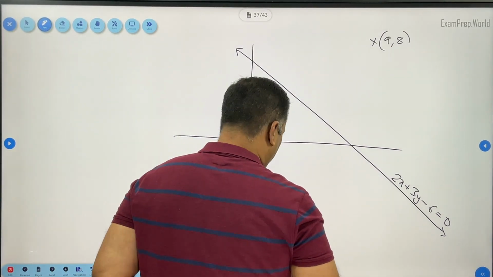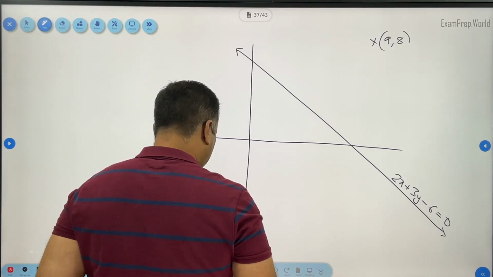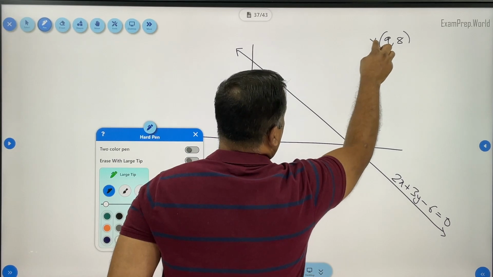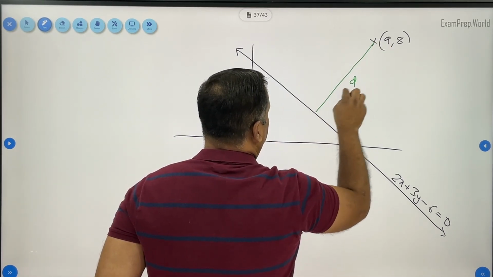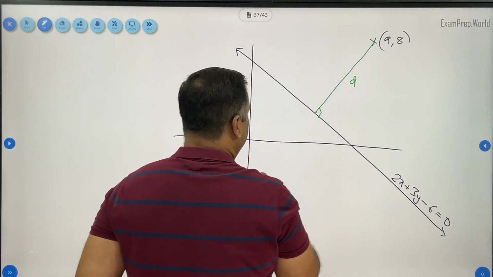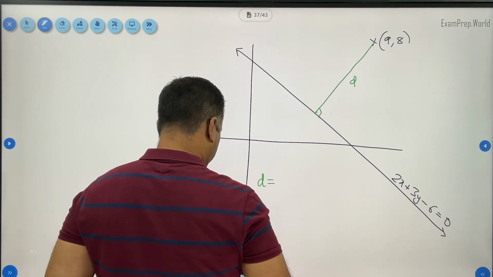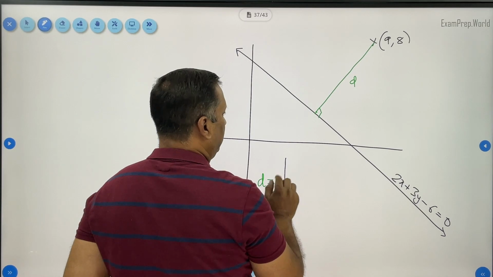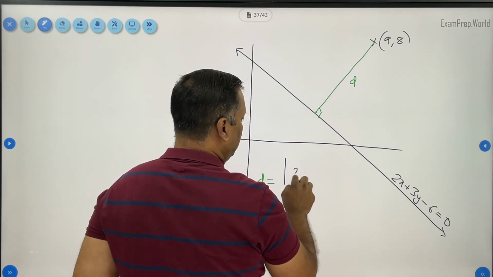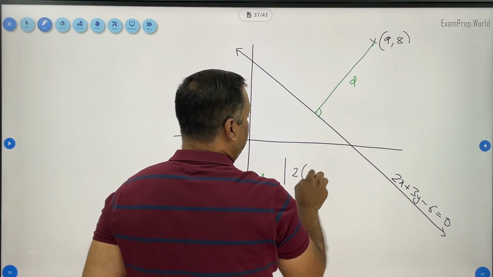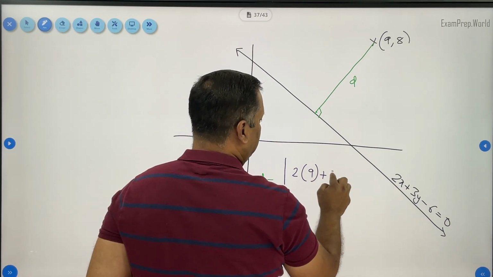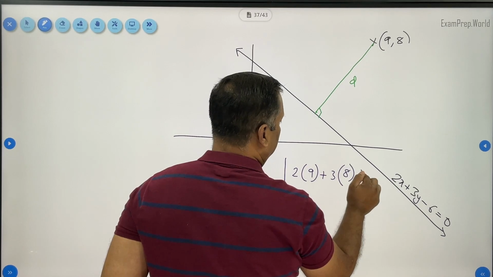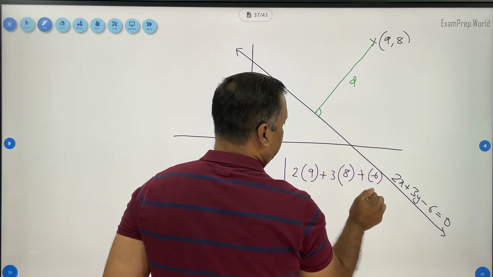Now to find the distance, what do we have to do? We have to use the formula. So first we have to find this distance. This is the d. Now d is equal to mod of, what is a? 2. Instead of x I should write 9 here, plus b is 3. Instead of y I should write 8, plus minus 6.